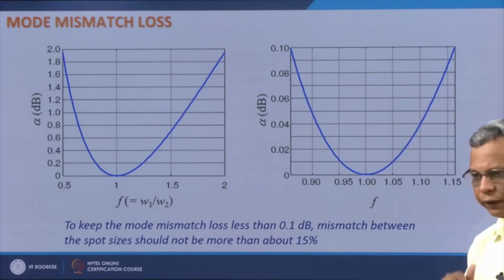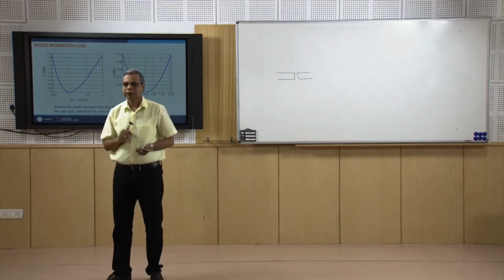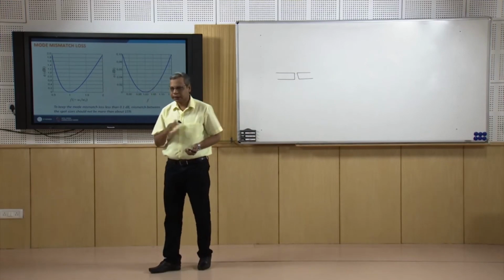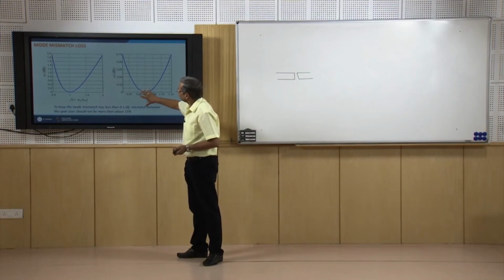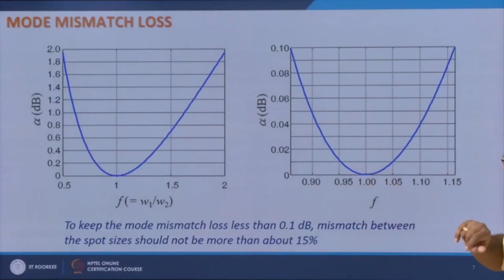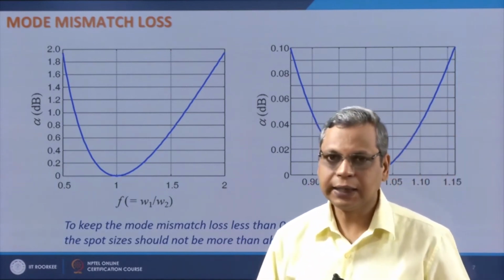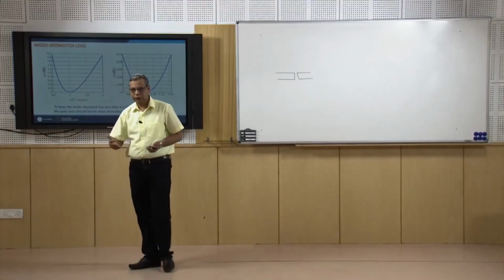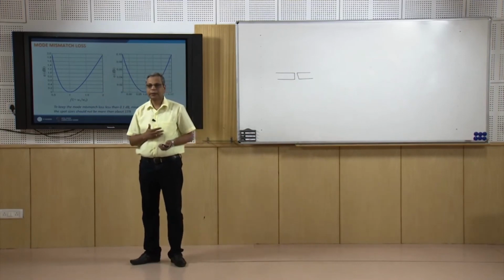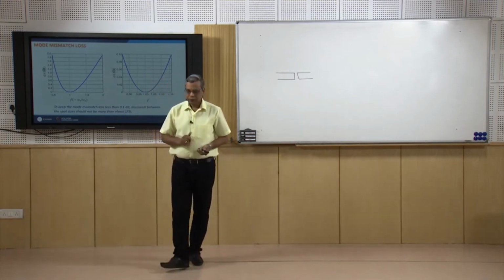So if you have a mode mismatch up to 15%, then this mode mismatch loss would be less than 0.1 dB, and this kind of analysis is very handy and very useful when you estimate the loss, or when you design your fiber components to be used in telecom system. So you always design the components in such a way that the fiber you are using for them should not have mode mismatch with the telecom fiber more than 15%.